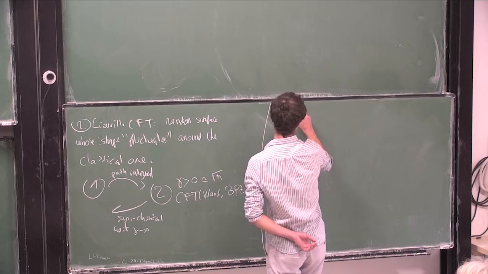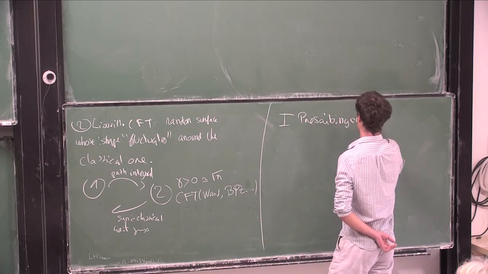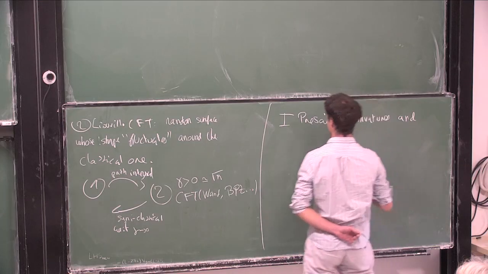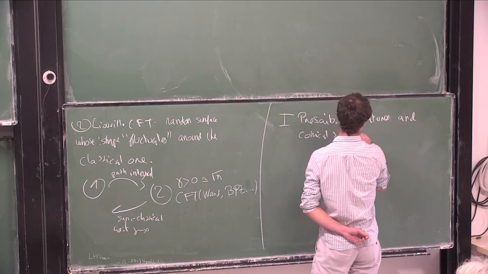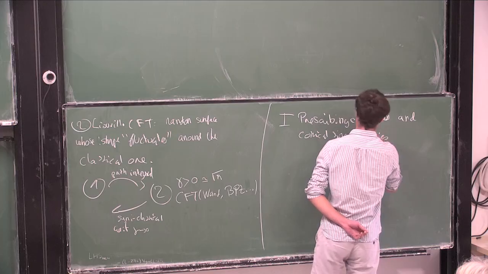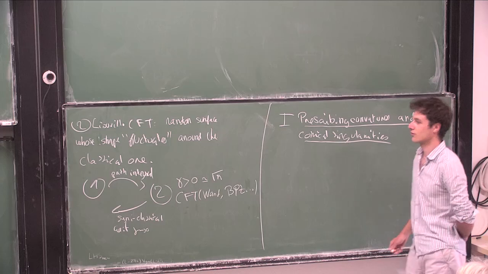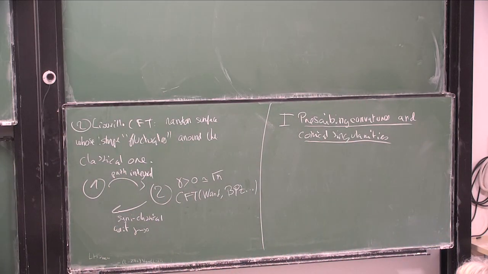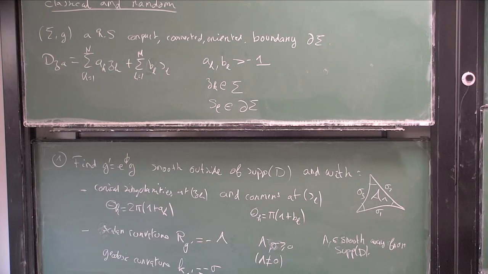Okay, so the first part is this classical problem of prescribing curvature and conical singularities. The first thing that you may want to do if you want to solve such a problem is to translate it into some language with which you can work. First I need to say what I mean by conical singularities or corners.